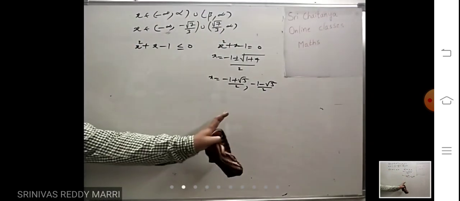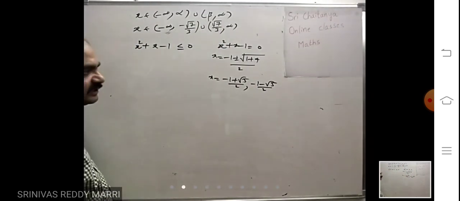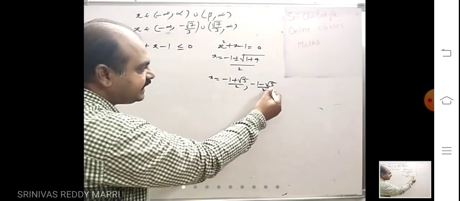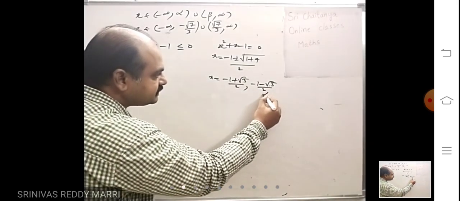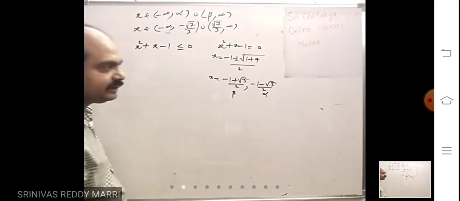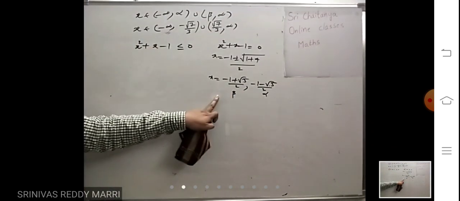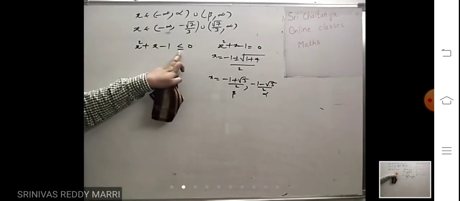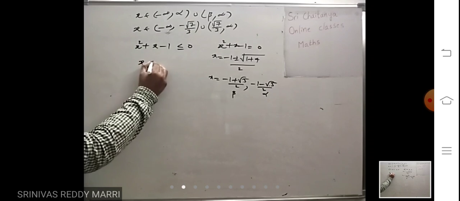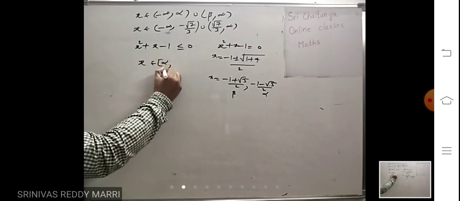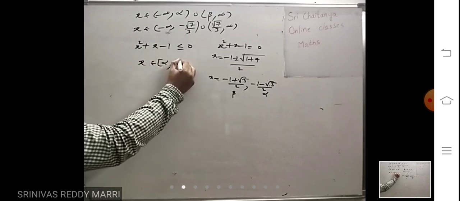In that case, we find the roots. What is the smallest root? This is negative, this is positive, so this is smallest, this is alpha, and this is beta. Then since less than or equal to 0 is there, the answer is closed alpha, beta.